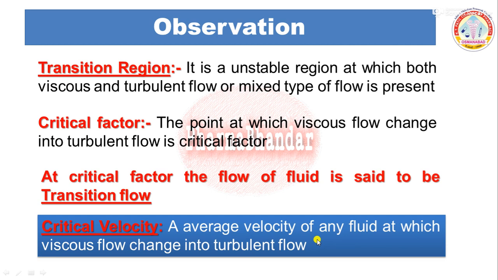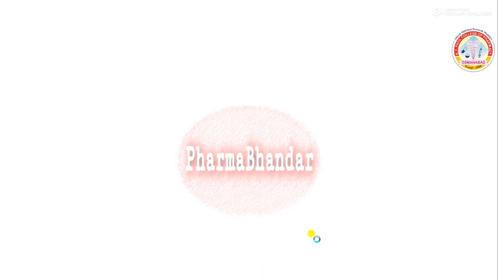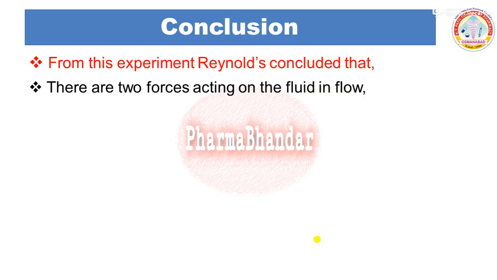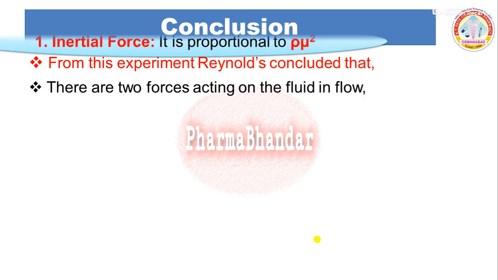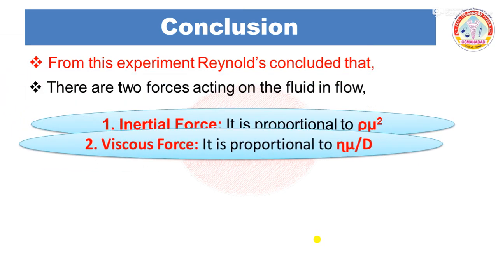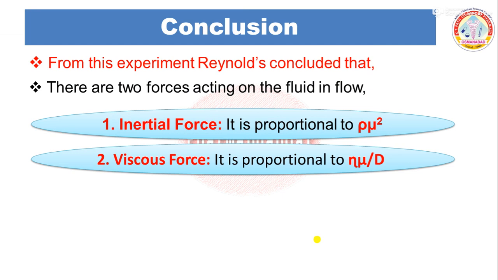From this observation, Reynolds concluded that there are two forces acting on the fluid in motion. The first one is the inertial force and the second one is the viscous force.